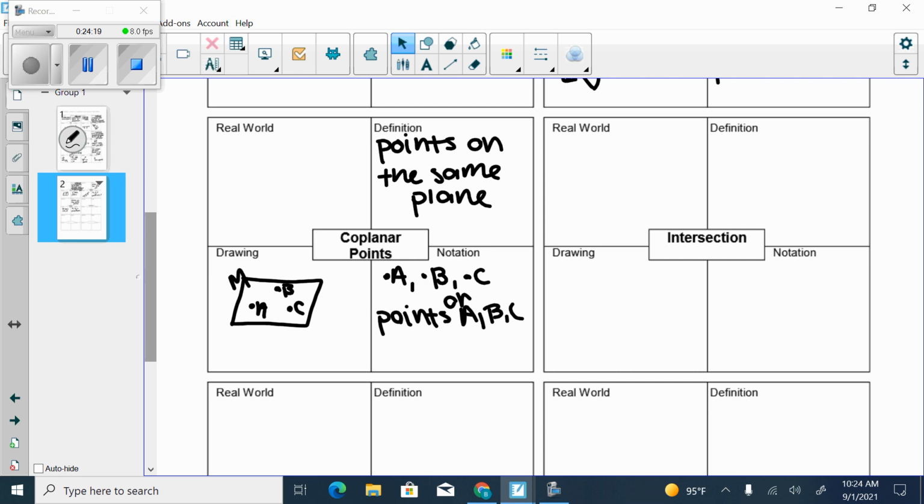Okay, intersection. You can have an intersection for different kinds of things. So, yes, that's what it's going to look like, right? If we had two lines that intersected, he said it would look like this.